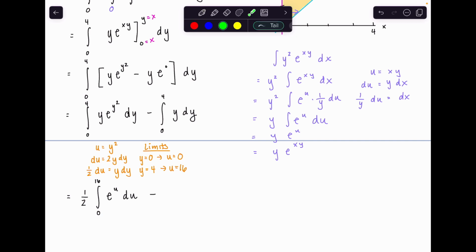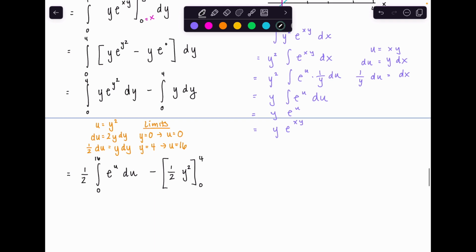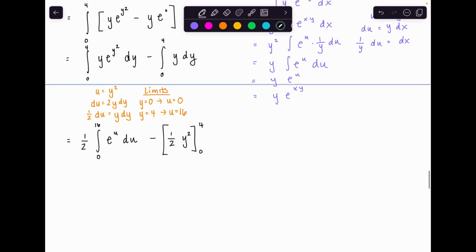The second one, however, we can just go ahead and integrate. That's minus 1/2 y squared, and this gets evaluated from 0 to 4. So you may want to put a parenthesis in the front here because that minus distributes afterwards. And now, absolutely no issues finding the antiderivative.